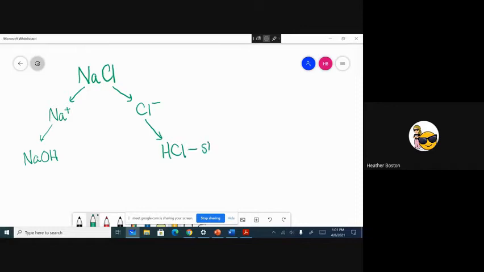So this is a strong acid. So this is the conjugate base of a strong acid. Therefore, it is neutral.